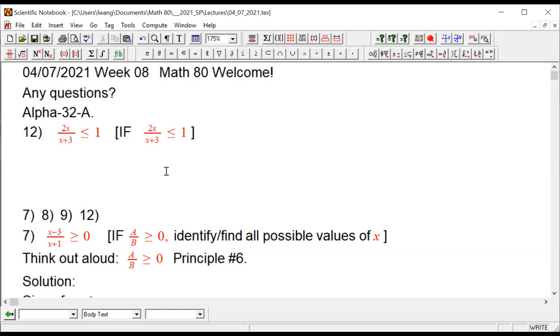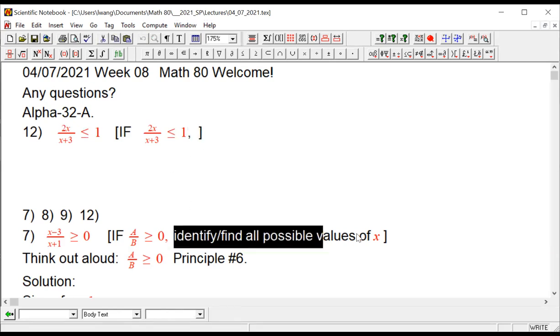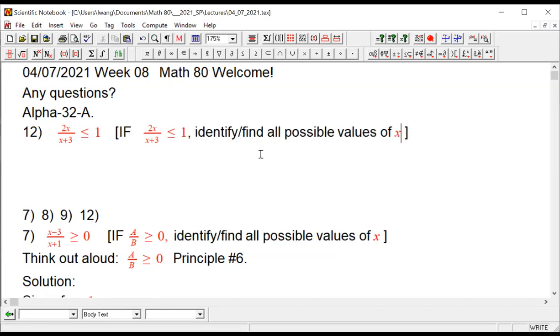And we're going to find all possible values for x, all the solutions, where the denominator cannot be 0, so that's considered a given.